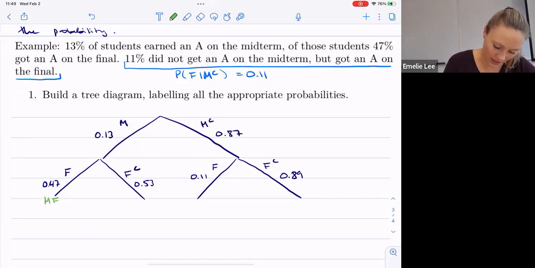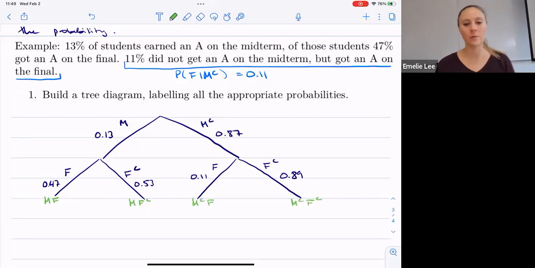Here I have MF, here I have M not F, here I have not M F, and here I have not M not F. That's just a reminder to myself so that I can focus only on the bottom of the branches later on if I need to, because now I have a summary. M happened here, M happened here, or F happened here and F happened here. It depends on what the question is.